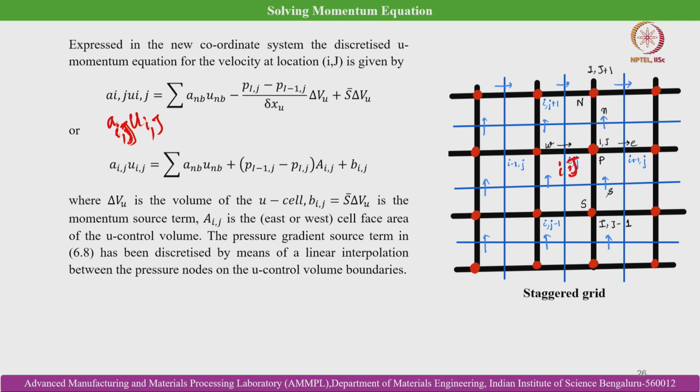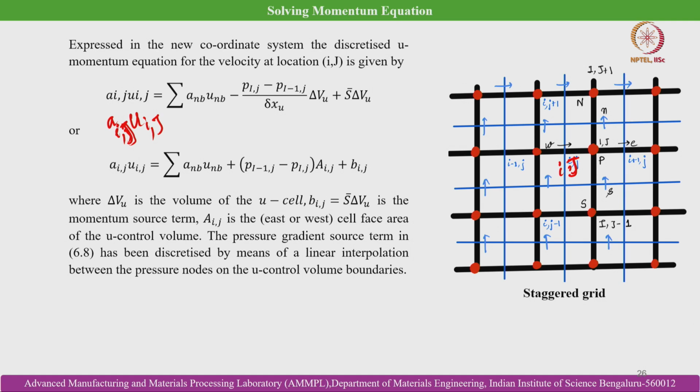So then a_iJ u_iJ is equal to the summation of a_nb u_nb minus p_IJ, p_I capital J. So again here it will be p_I capital J for this point.